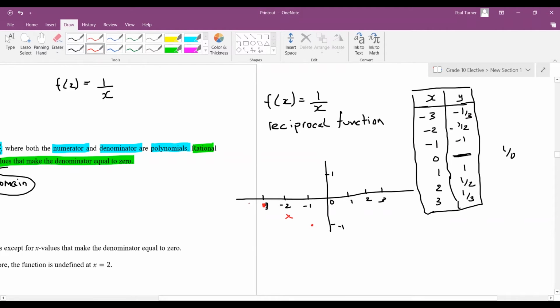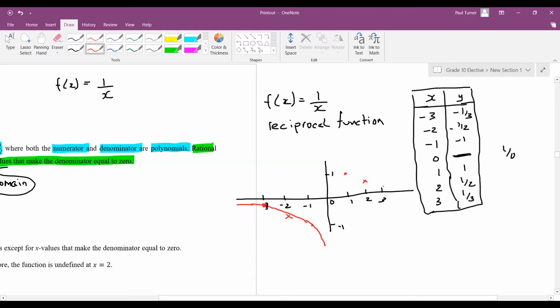So you've got a graph which is kind of going like this. And it's going to go down like this. Like that. And on this side, we got 0. Well, there's no graph here. There's no graph drawn. There's no red line drawn here anywhere. 1, 1 will be here. 2, 1/2 is here.